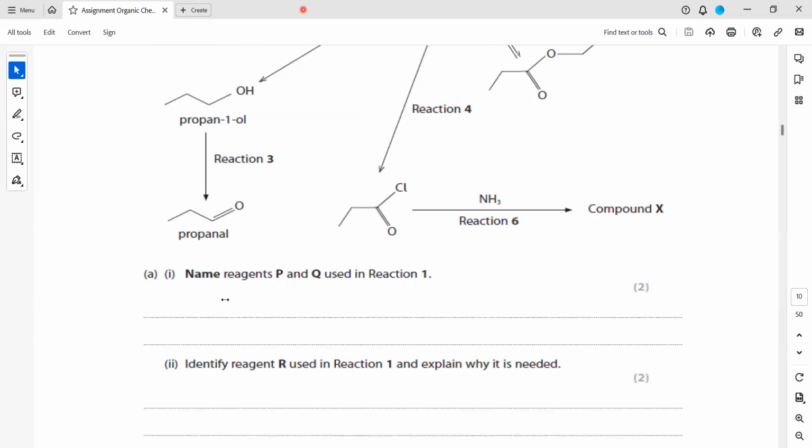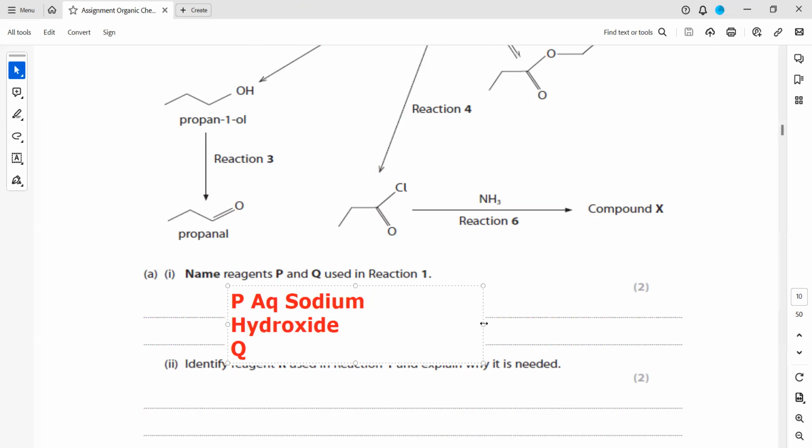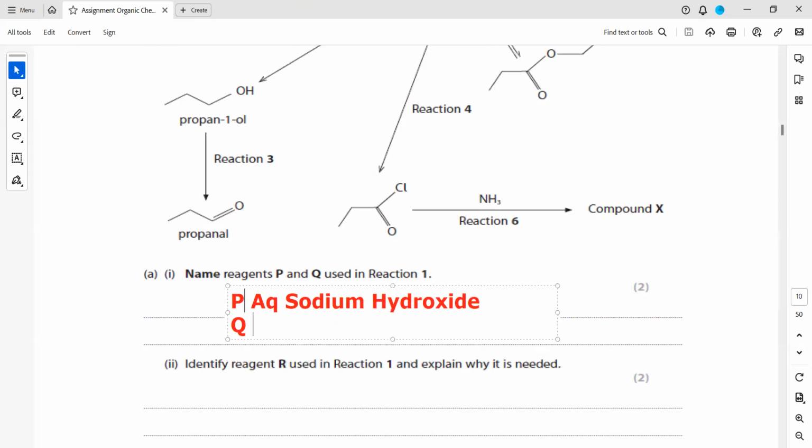So what is P? P should be aqueous sodium hydroxide. What about Q? Q is iodine in aqueous potassium iodide solution.